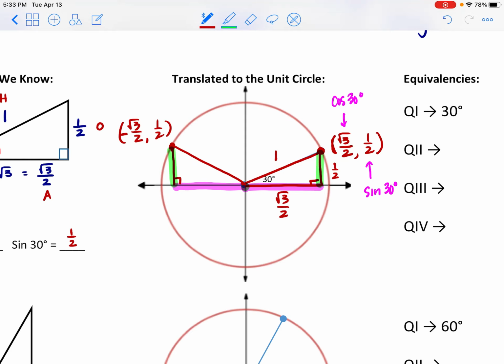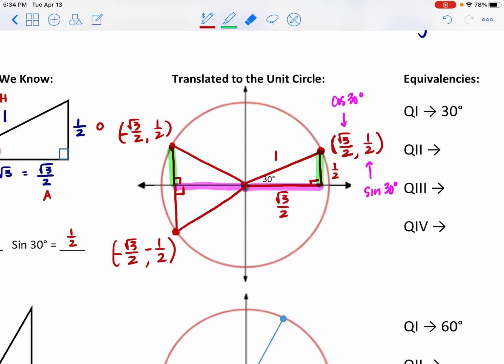Now if I reflected that triangle into quadrant 3, so let me take this one and make a mirror image into quadrant 3, same exact triangle, which means the coordinates here are exactly the same. Radical 3 over 2 is how far I've gone on the x, 1/2 is how far I've gone on the y. But in quadrant 3, both the x and the y are negative.